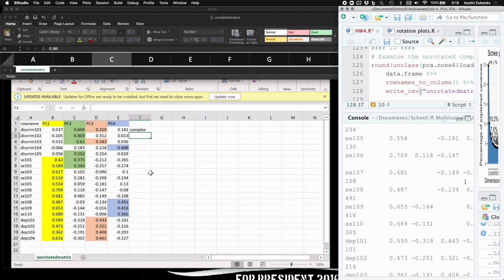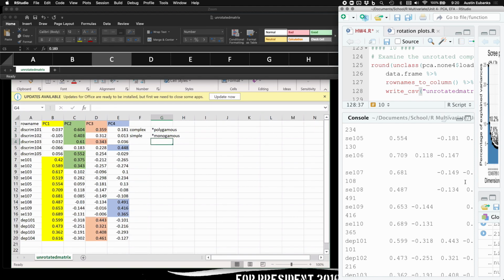How about Discrim 102? It's simple. Yeah, Discrim 102 is simple. Do you see any variables here that are outlier variables that don't actually load on anything? They all seem to load, so I think no.